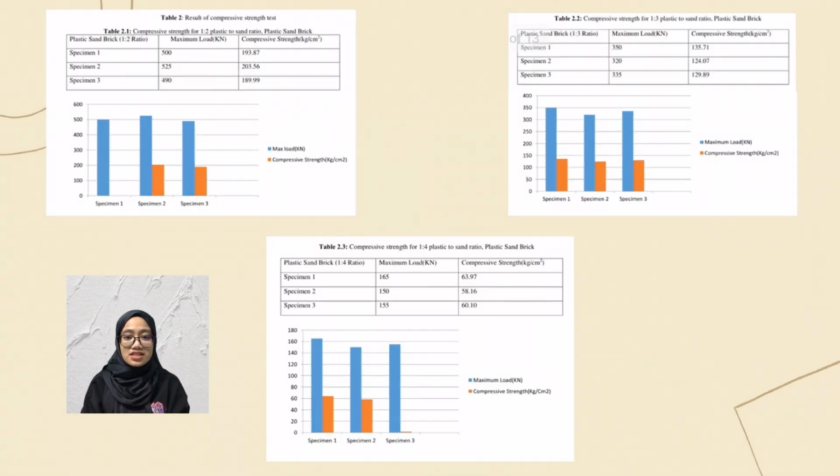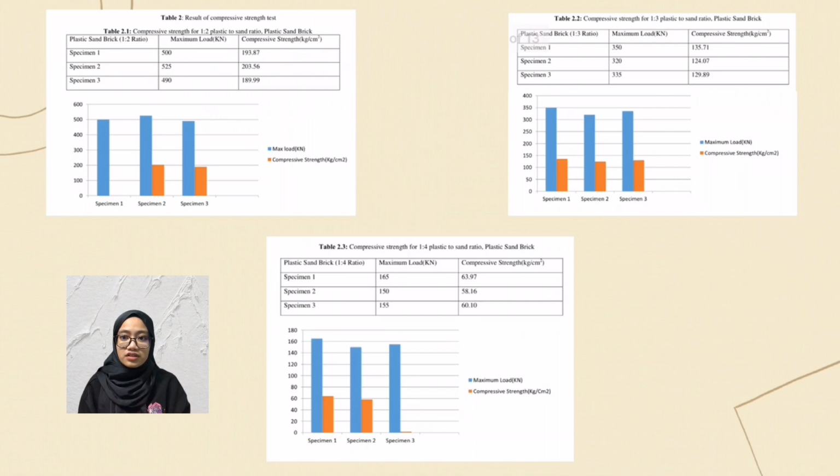Next is the result of the compressive strength test. The three tables and graphs show the maximum loads and compressive strength that each of the bricks can hold. For table 2.1, compressive strength for the 1:2 plastic to sand ratio, the plastic sand brick can hold the biggest maximum load and compressive strength compared to the other two brick specimens.